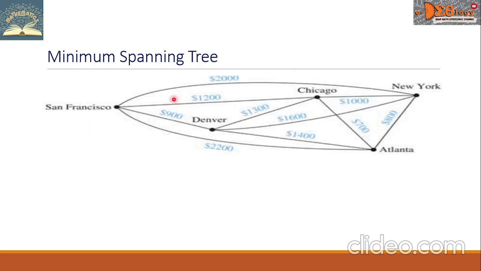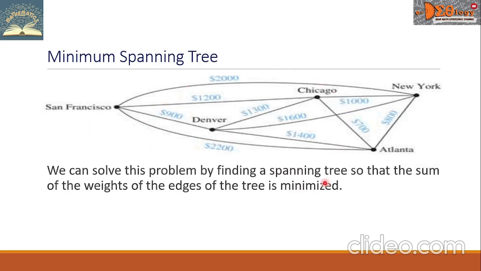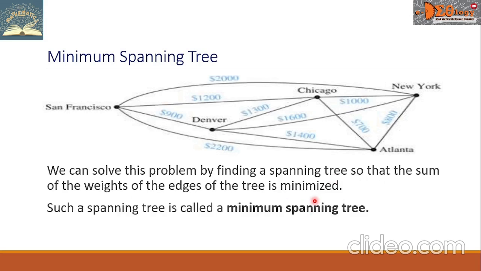This problem can be illustrated by this figure. We can solve this problem by finding a spanning tree so that the sum of the weights of the edges of the tree is minimized. Such a spanning tree is called a minimum spanning tree.